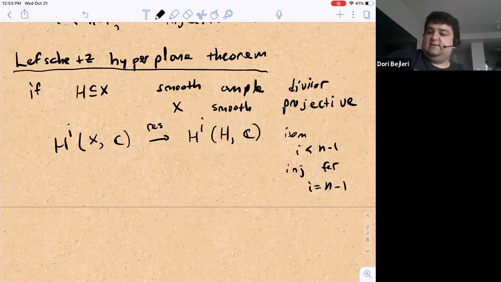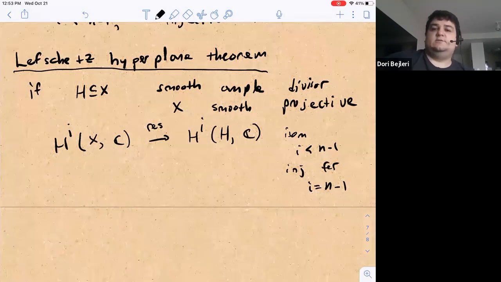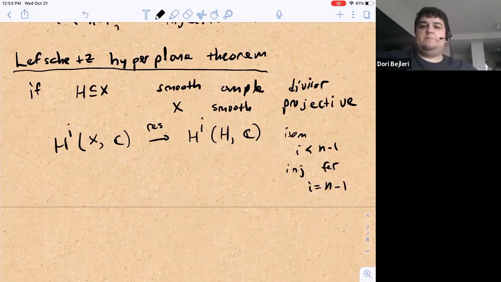And so that kills off the cokernels and kernels of these restriction maps in the right degrees. That's how you get it exactly for half of the degrees minus 1 where you have singular cohomology, because the singular cohomology goes up to the real dimension 2n, and the complement has half the cohomology that you'd expect.